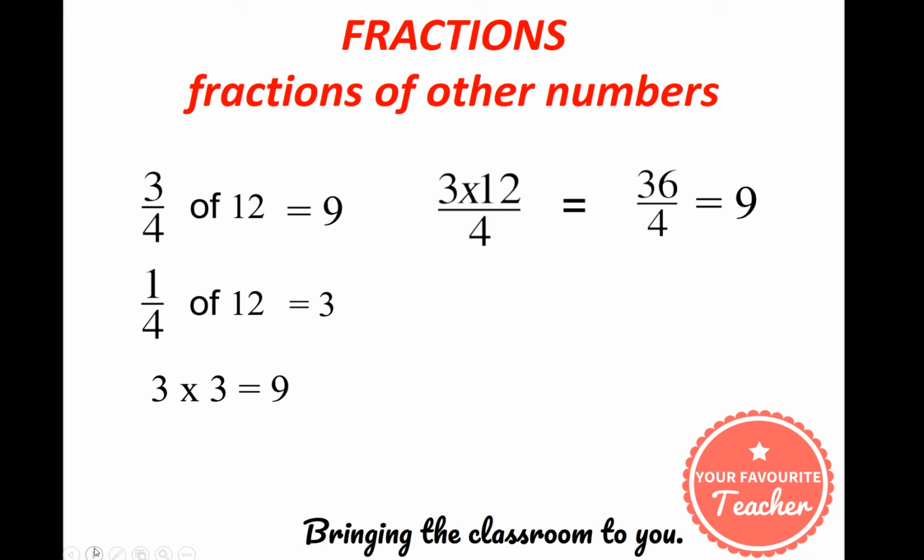So I could have done it two different ways. I could have said numerator times the number all divided by 4, or I could have said divide the number by 4 and then multiply it by the numerator. In either case, we get the correct answer.